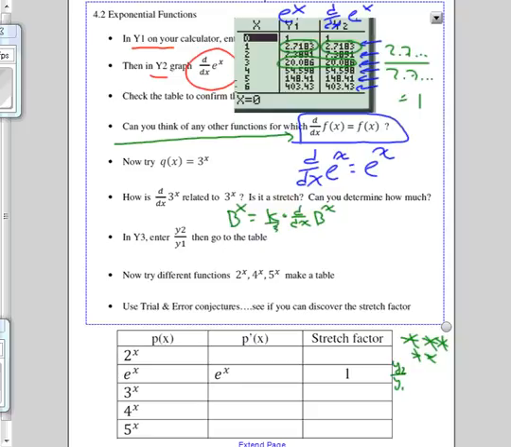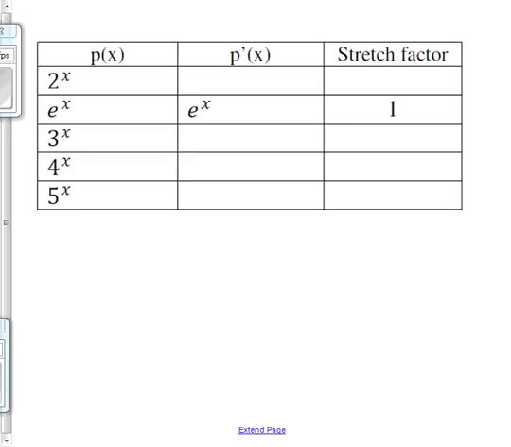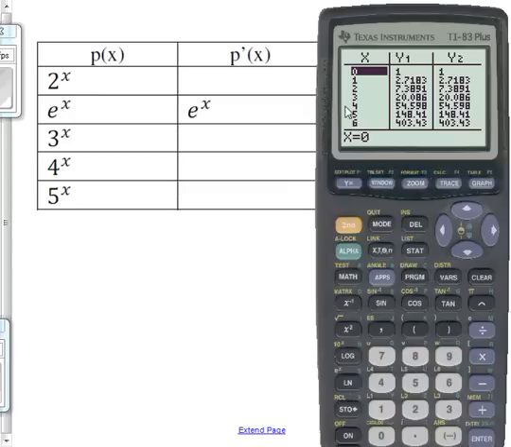Okay, so what are we going to do now? We're going to put each of these functions into y1 and look at the relationship between the function and its derivative. Well, we already did this one. Let's have another page. We're going to go back into our calculator, and I want you to do this with me.